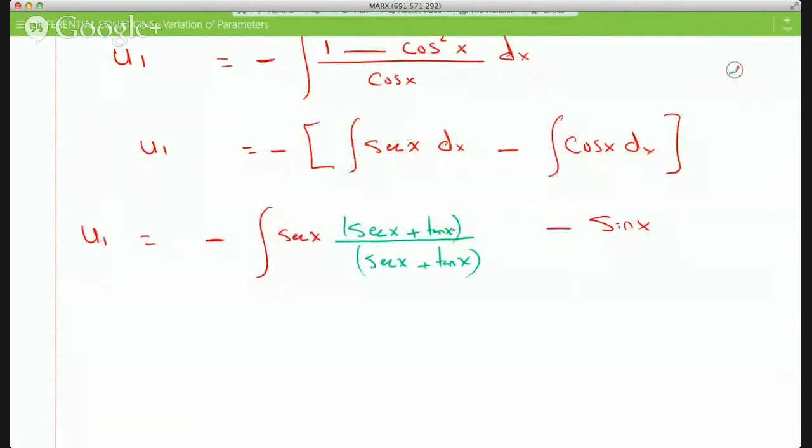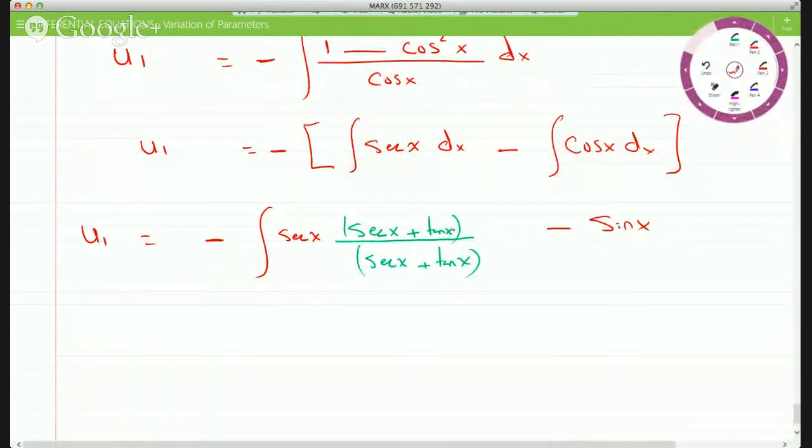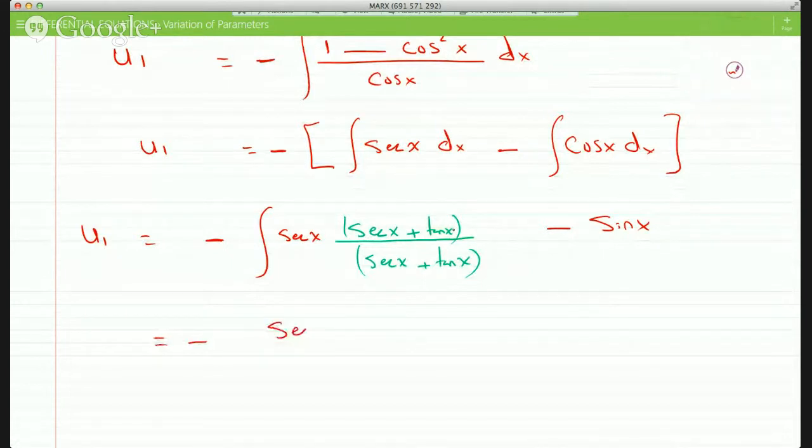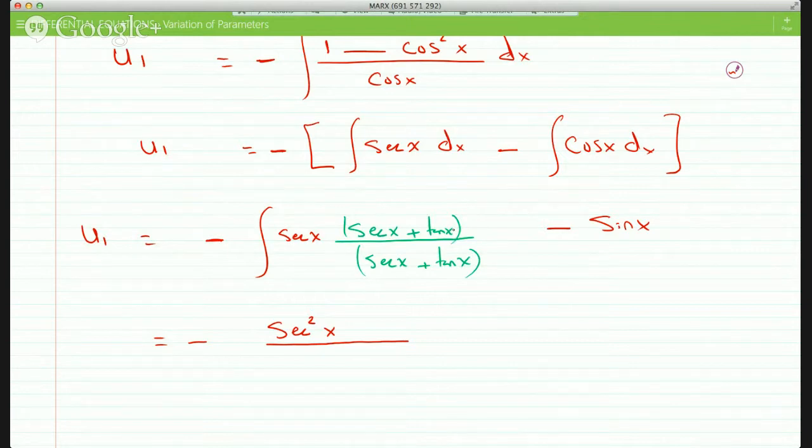And the reason we do this is because when we continue here, we will get secant squared x over secant x plus tan x, plus secant x tan x over secant x plus tan x.